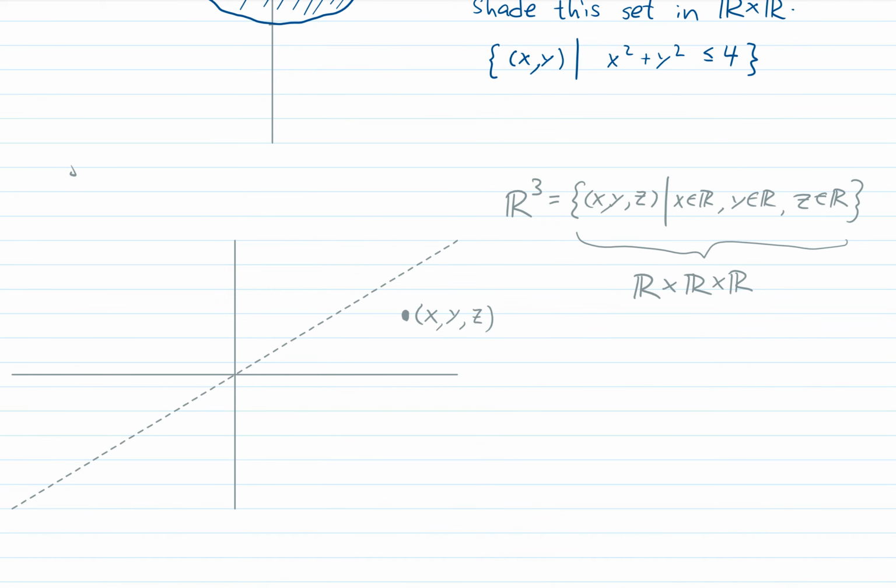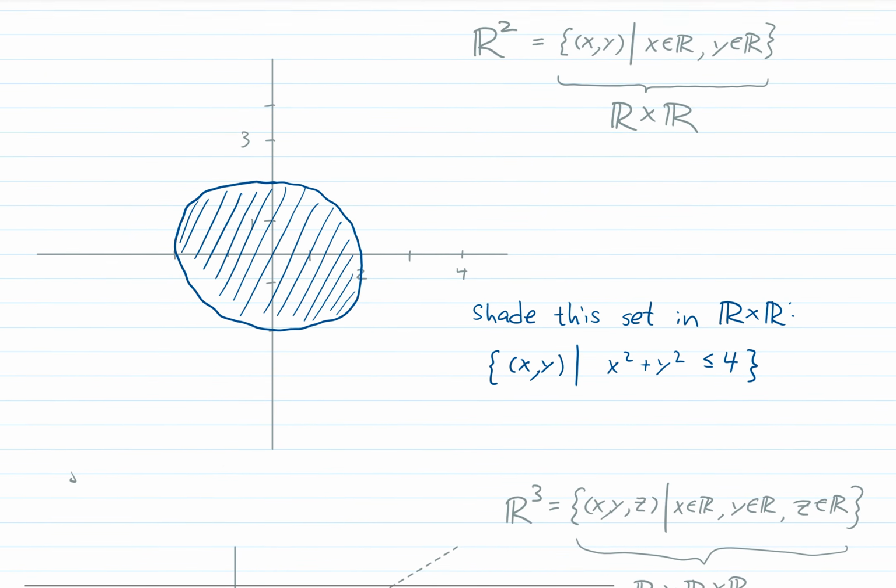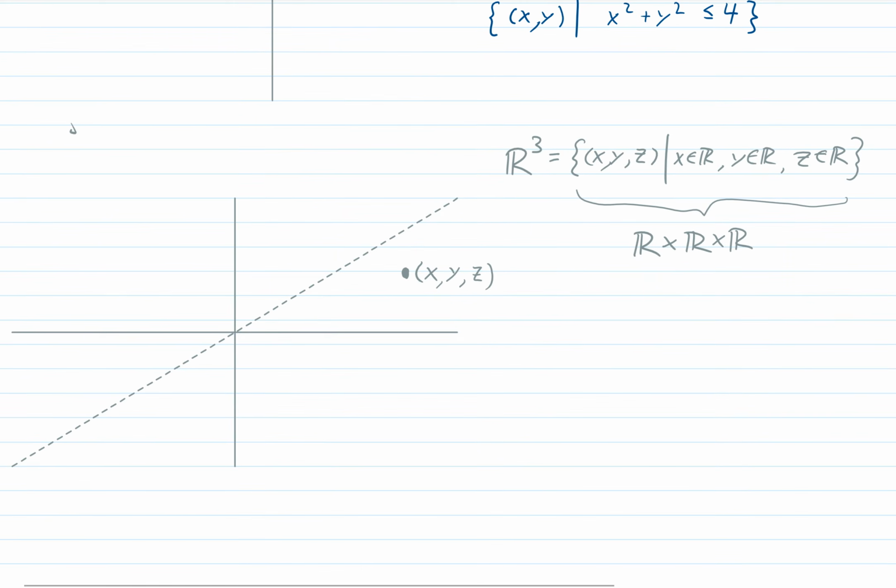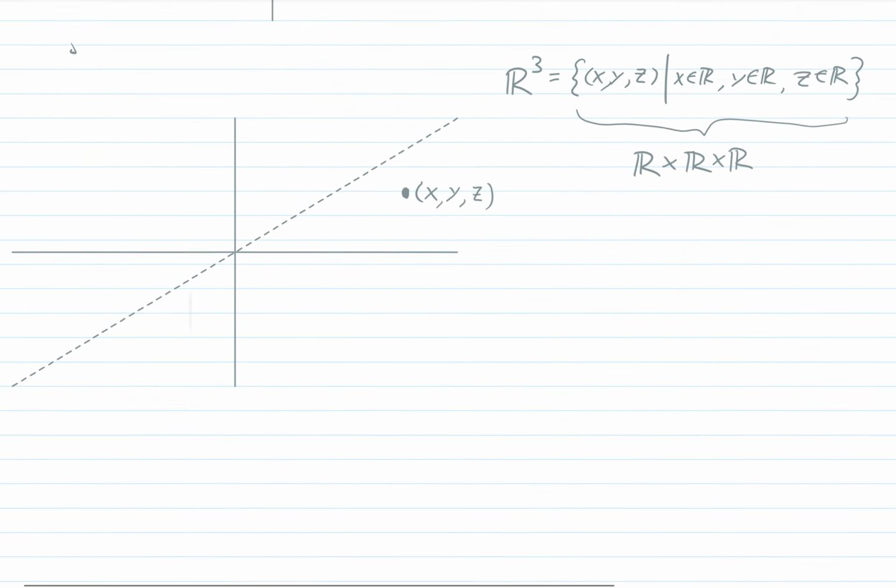I mean, technically speaking, I can only draw R2. But we can get away with depicting R3 by a drawing. It's not perfect, but it's pretty close. But anything higher than that, it's just impossible. But you can still imagine it. What about Rn? That's the set of all what we call ordered n-tuples.